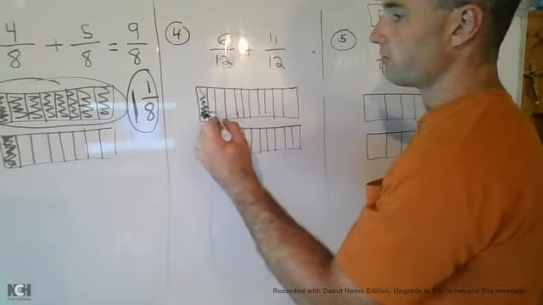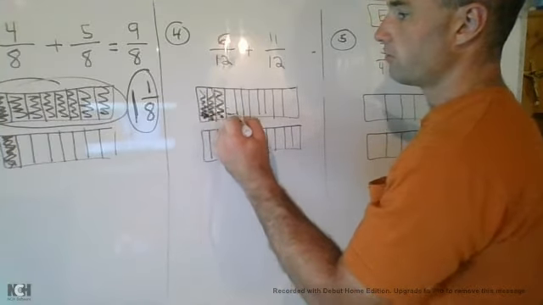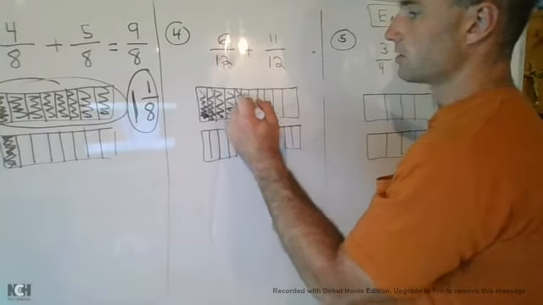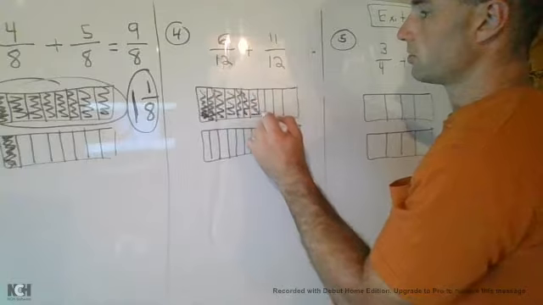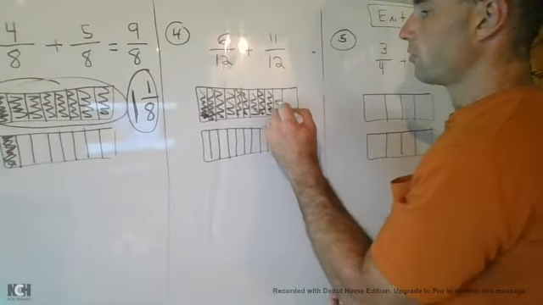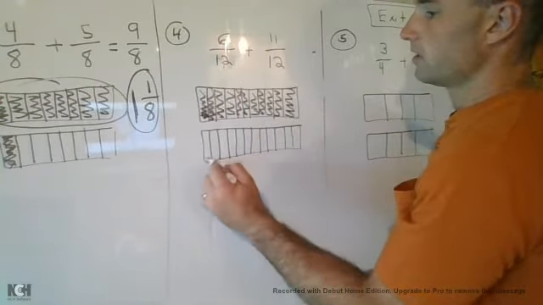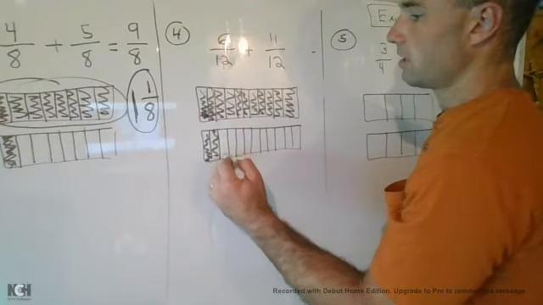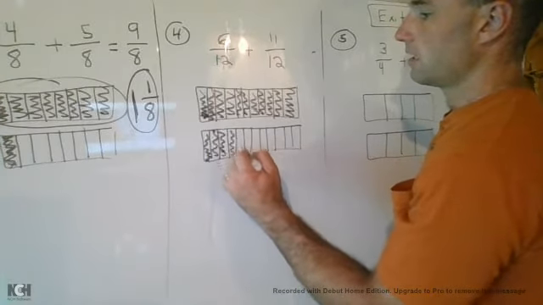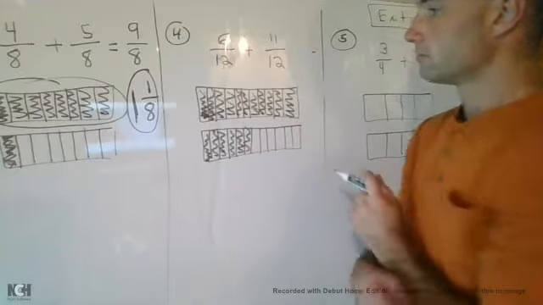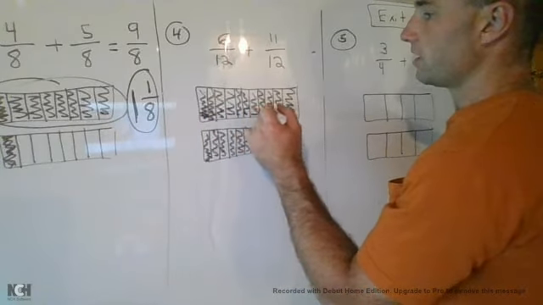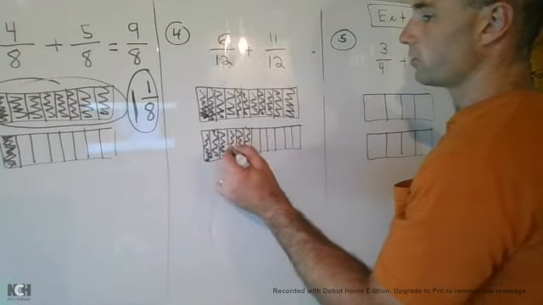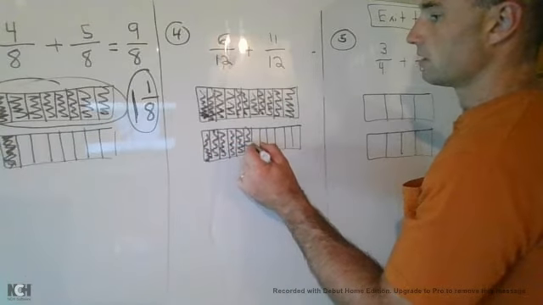I want 6 of them, for example. 3, 4, 5, 6. And I'm going to add 11. 1, 2, 3, 4, 5, 6, 7, 8, 9, 10, 11. I count them up, and I get 17.